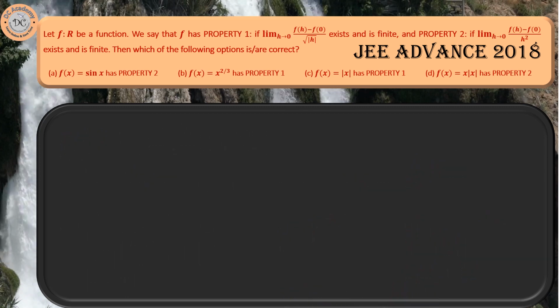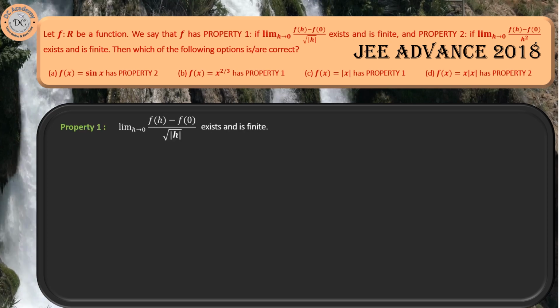Now, we'll recall property number one. Because for option B, we have to test property one for the function f(x) equal to x to the power 2 by 3. But in this case, notice that in the denominator, we have the mod function. So the right limit and left limit possibly need to be applied here.